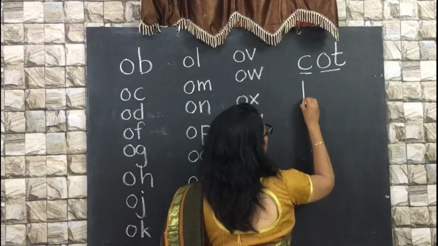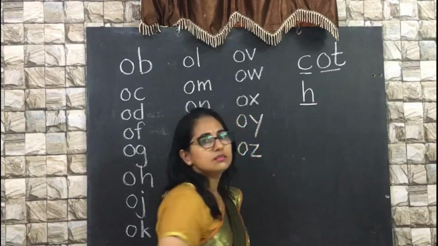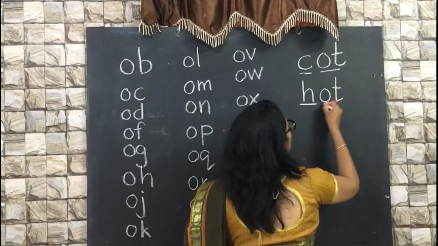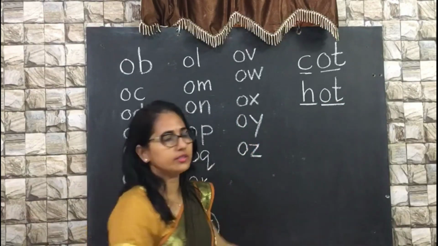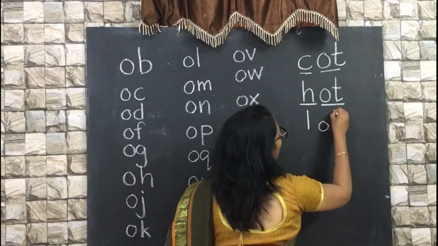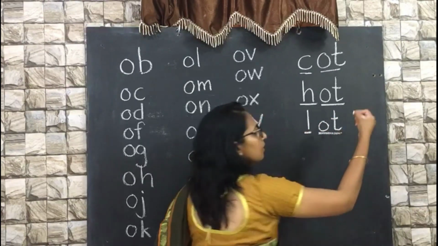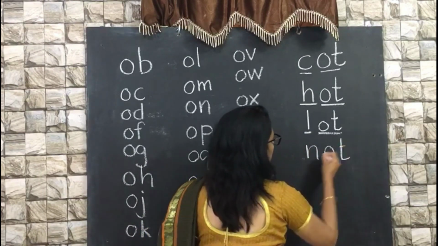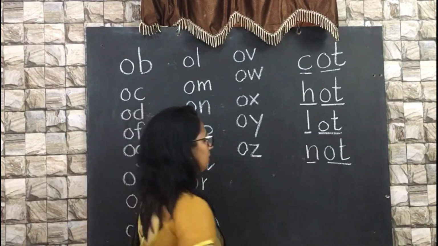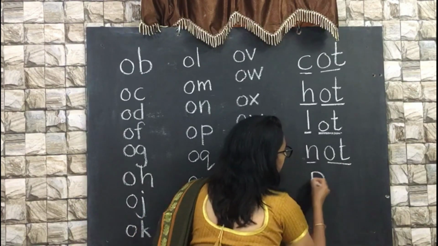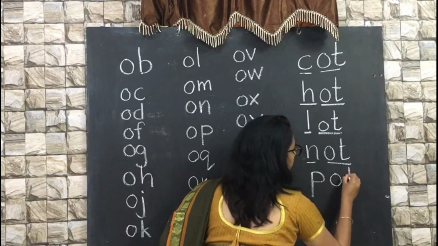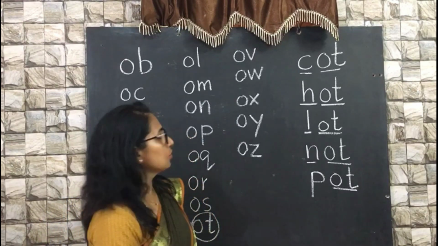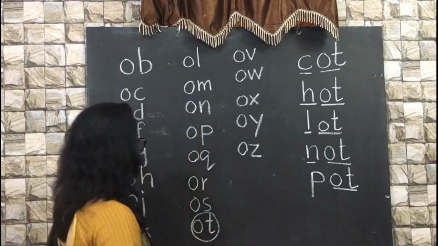Next one is h, ought, heart. l, ought, lot. n, ought, not. p, ought, pot.